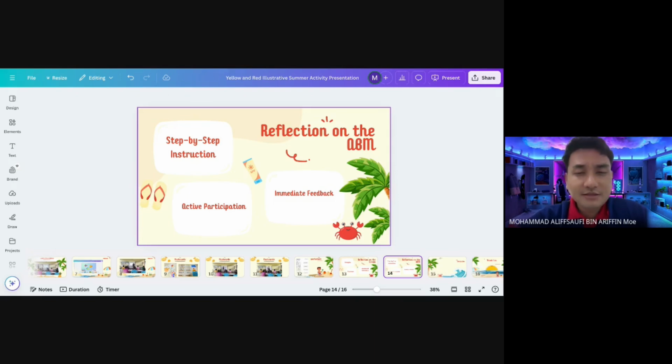The other limitation or challenge that I face is time intensity. ABM emphasis of repetition and reinforcement, while beneficial, sometimes makes activities longer than planned because we need to explain what they need to do. We need to show them first what they need to do, what the objective of this ABM is.